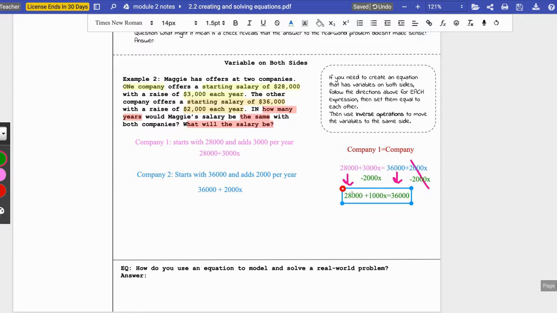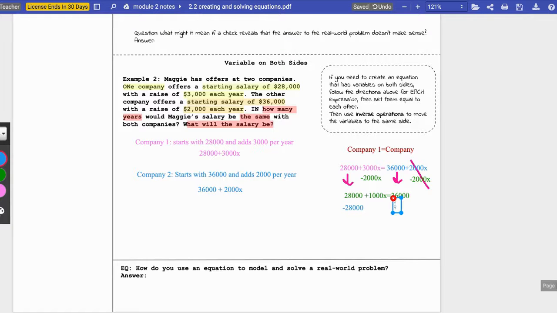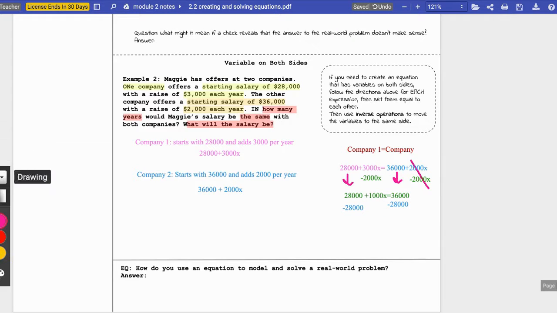Now I'm going to subtract the 28,000 over so I can have my numbers on the same side. That's all I want to do. So minus 28,000, and over here, I'm also going to minus 28,000. Then this cancels, and my 1,000x drops down.